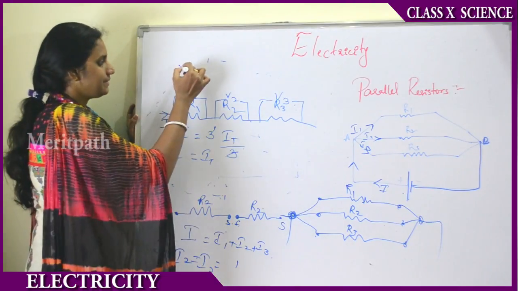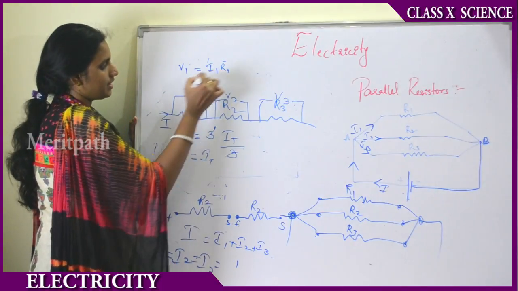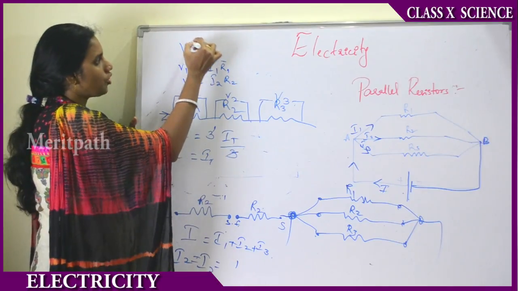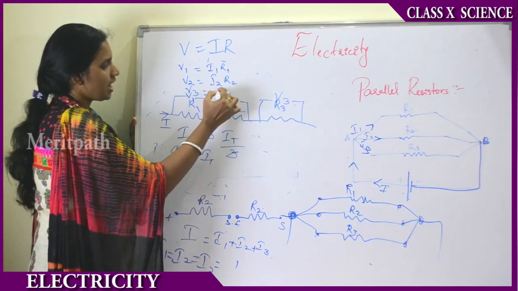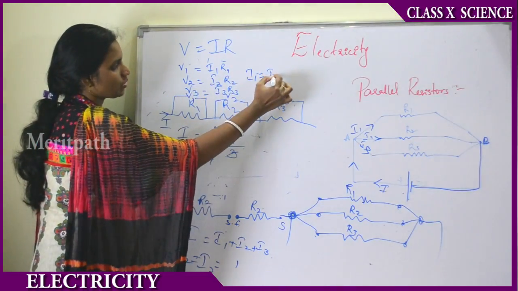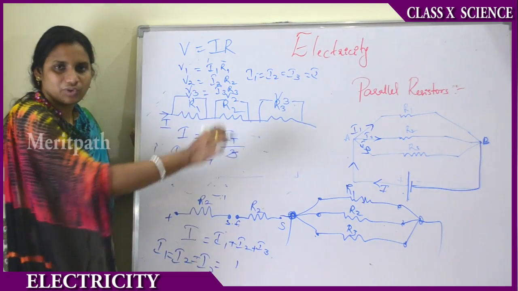Right, now V1 equals I1 R1, V2 equals I2 R2, according to Ohm's law, V equals IR, and V3 equals I3 R3. But here I1 equals I2 equals I3 equals I, because the same current is flowing, right?